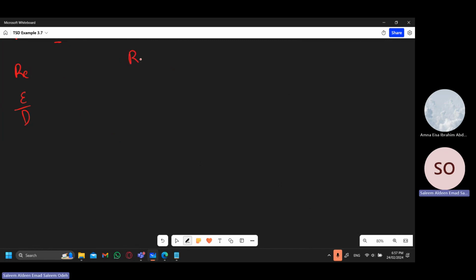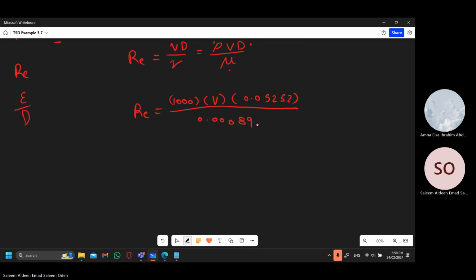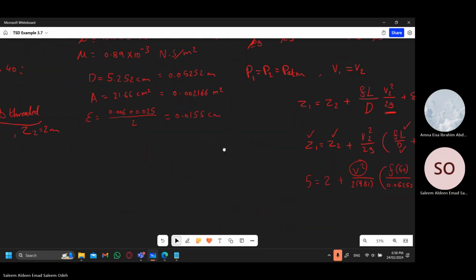So the equation for Reynolds number is V D over nu, which could also be written as the density multiplied with the velocity and the diameter over the viscosity. Now we have the viscosity, we have the diameter, and we also have the density. The only thing we don't have is V again, which is fine. We'll just write the equation with respect to V. So it will come down to 1000, which is the density, times V, times the diameter, which is 0.05252, over 0.00089, which is what we found here.